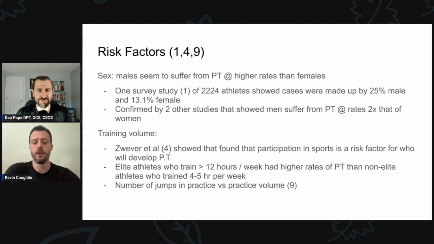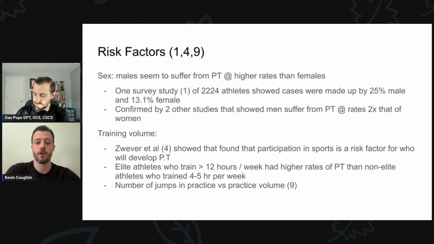And this was confirmed by 2 other studies, which showed that men suffer from patellar tendinopathy at rates about double that of women. What I saw for the authors' speculation is that perhaps men's quads tend to be a little bit stronger and they're maybe loading at a higher strain rate. So maybe that's why they're a little bit more likely to get these types of tendinopathies.